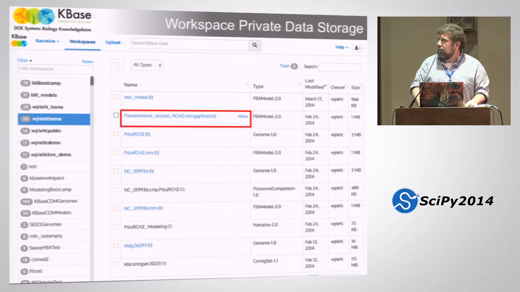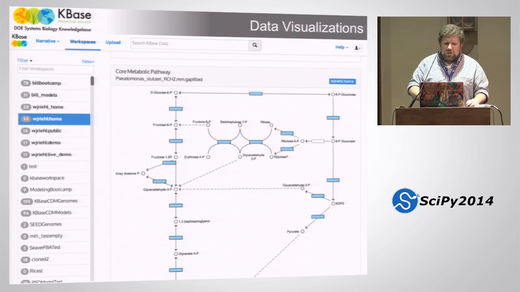Store them within the KBase system so that they maintain accessibility to you or to your collaborators in a way that you can share with each other, and also have that type of accessibility to the different methods and software services we have. And also we have a way to visualize each of the data components. For example, this one here is a flux balance analysis model or a metabolic model. Clicking on that just within the system itself, we can dig into it and see what's there, what it's about.